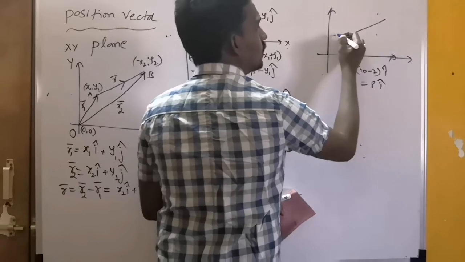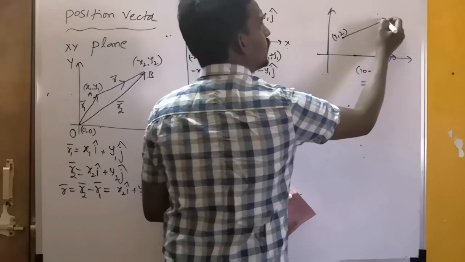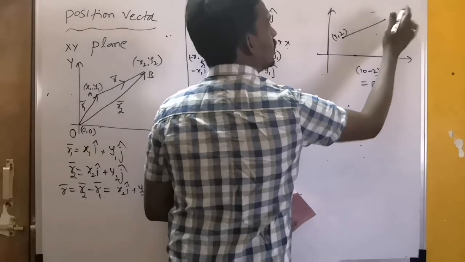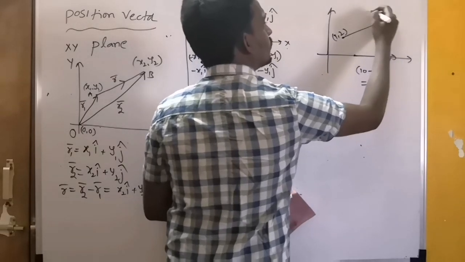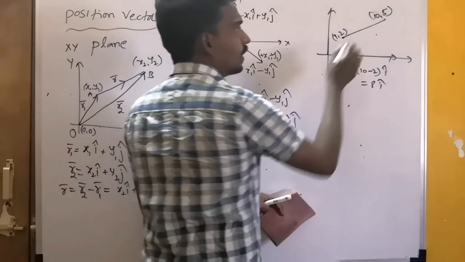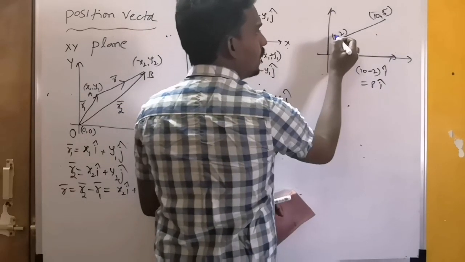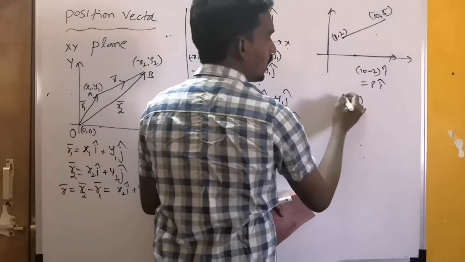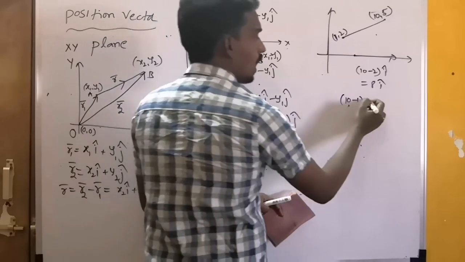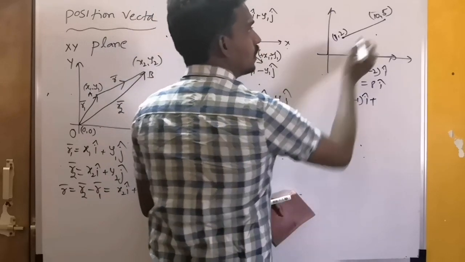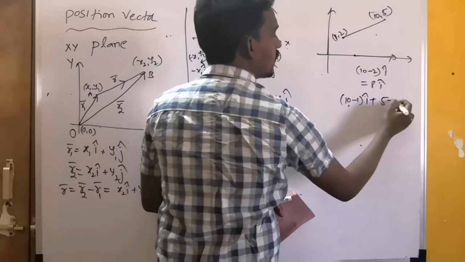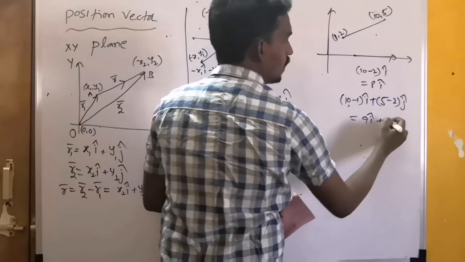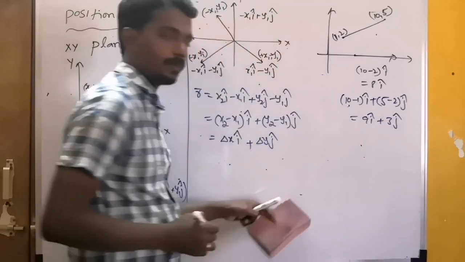But instead of this, suppose the particle is here and it went here. Here it is 1 comma 2. Here it is 10 comma 5. Now x coordinate was 1, it changed to 10, then 10 minus 1, that is delta x i cap, plus 5 minus 2, that is delta y j cap, equal to 9 i cap plus 3 j cap.